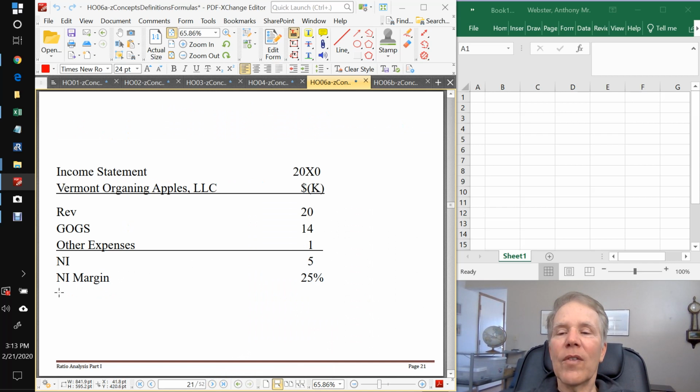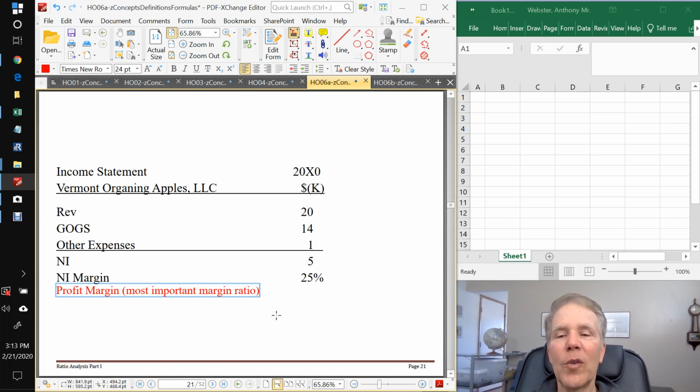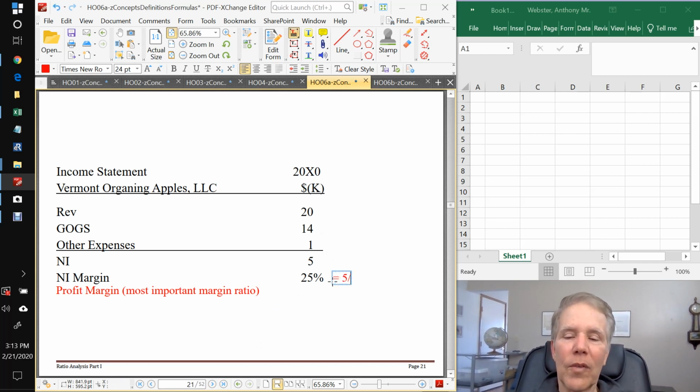So profit margin is the most important margin ratio for sure. And that doesn't mean the one I'm most likely to ask you about, but definitely most important. And Vermont Organic Apples was doing pretty good with a profit margin of 5/20, which is 25%.